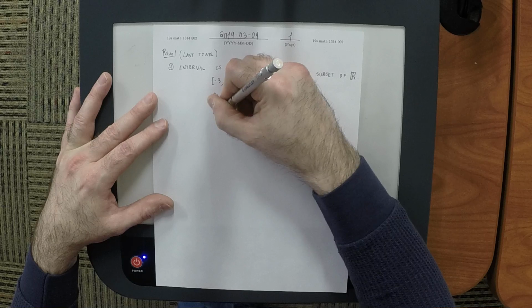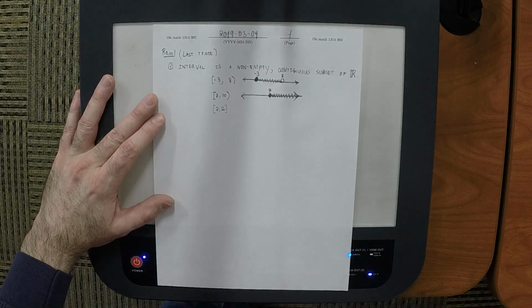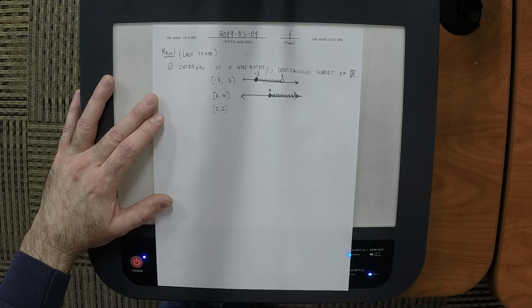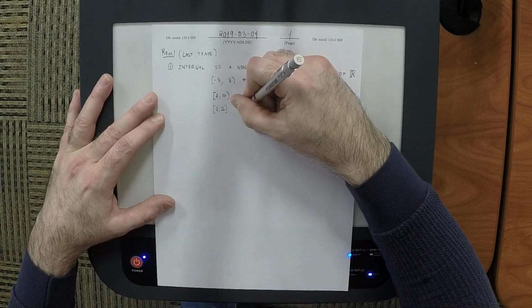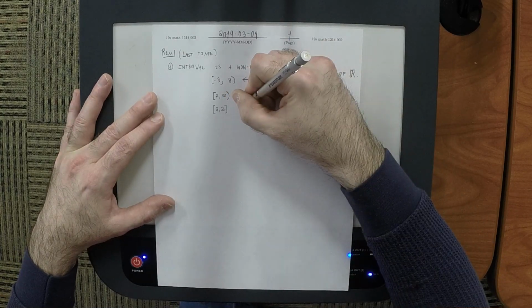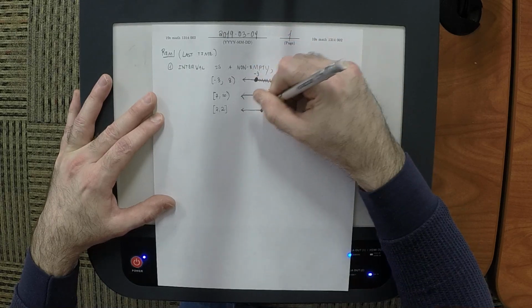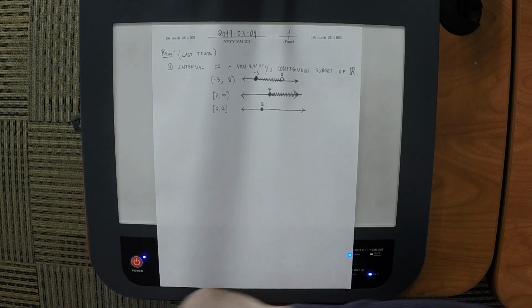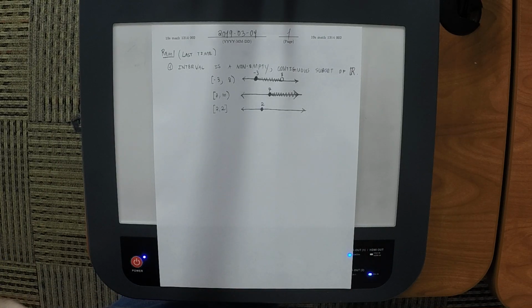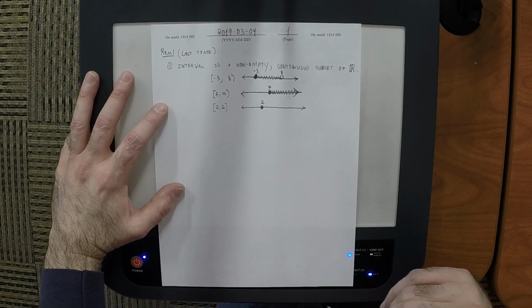So 2 to 2, like this. So it would just be that one point. And that's it. All right. So that's an interval, according to the definition anyway.